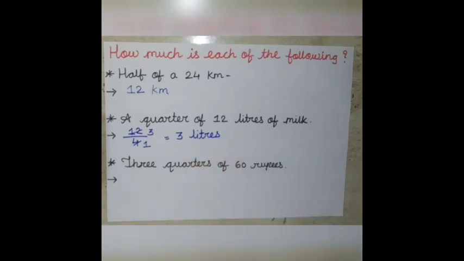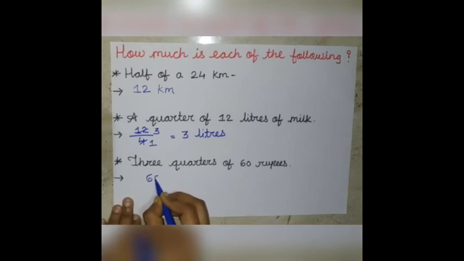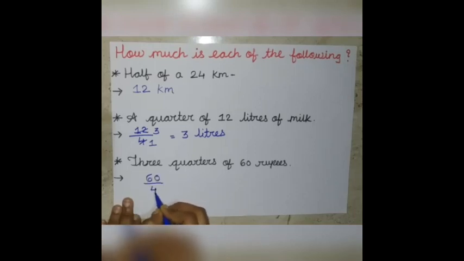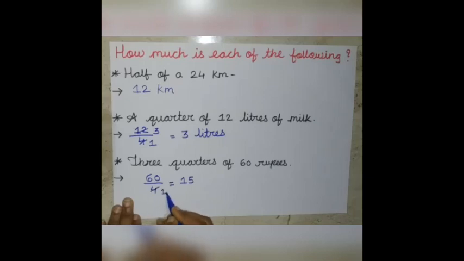Read the next question. 3 quarters of 60 rupees. Children, 3 quarters of 60 rupees. How will we find this answer? Students, first we will find a quarter part of 60. So 60 divided by 4. If you divide 60 by 4, you will get the answer 15. 4 ones are 4, 4 15s are 60.